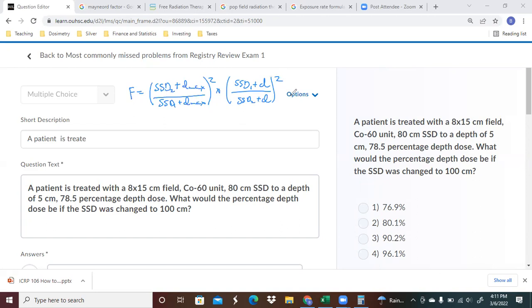And this is what we're going to use in order to compute it. So in this particular case, let's just say the SSD1 is going to be equal to 80. The SSD2, which is what it's moving to, is going to be 100. Now, when they're telling you it's a cobalt unit, 0.5 is going to be your Dmax.